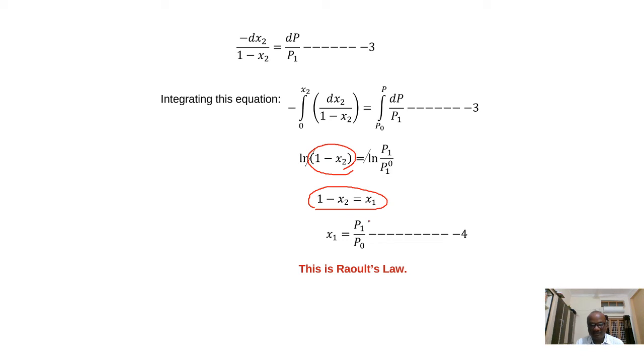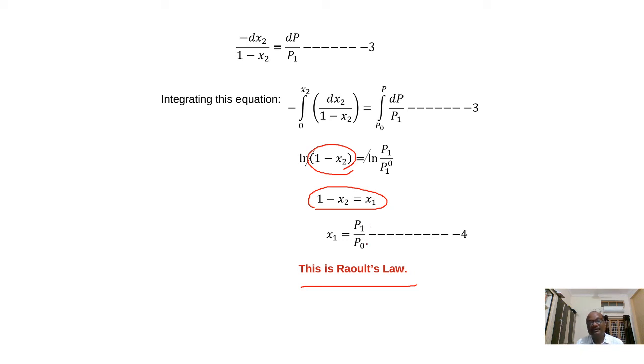This is called Raoult's law. So what is Raoult's law? The mole fraction of the solvent in the solution of a non-volatile solute will be equal to the ratio of the vapor pressure of the solution and the vapor pressure of the pure solvent.